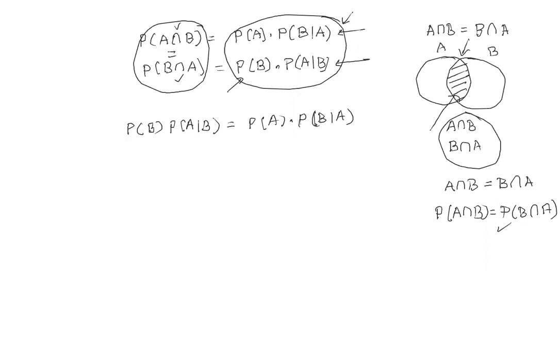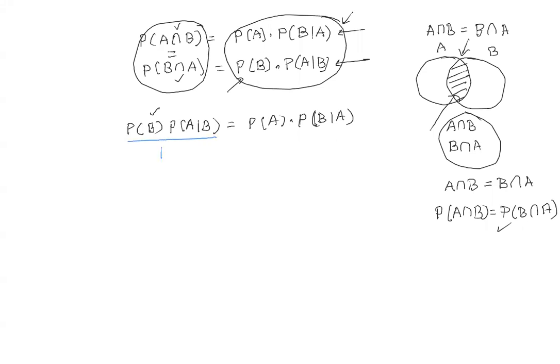So now what do we do? We are assuming that none of these probabilities are zero. So probability of B in particular is not zero. So I'm going to go ahead and divide this by probability of B.